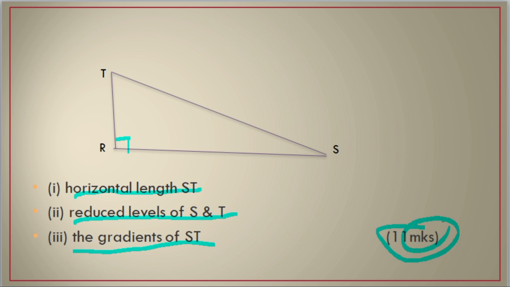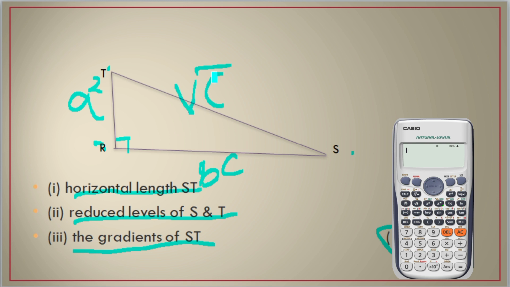So I have gotten the distance RT and RS. So this distance squared plus this distance squared, the square root of it will give me the hypotenuse, the same as the C. So we have such a formula.